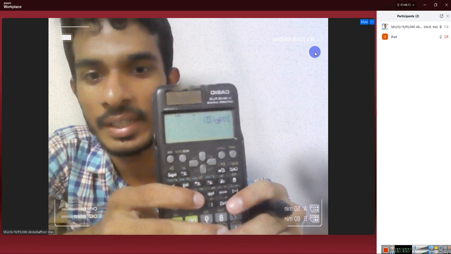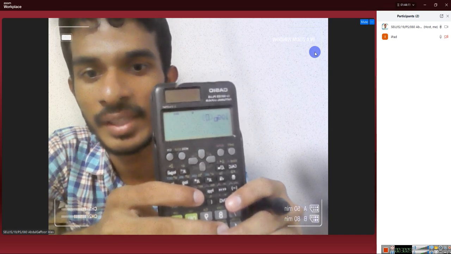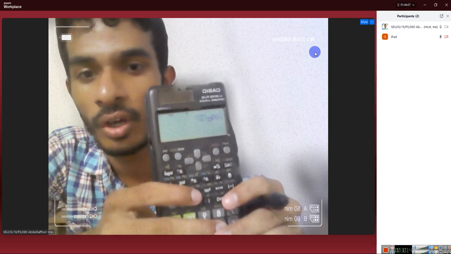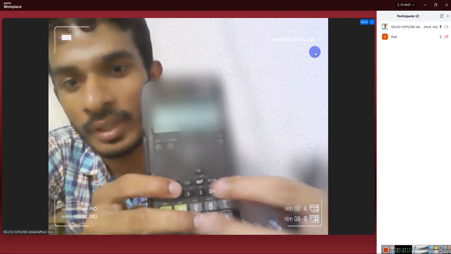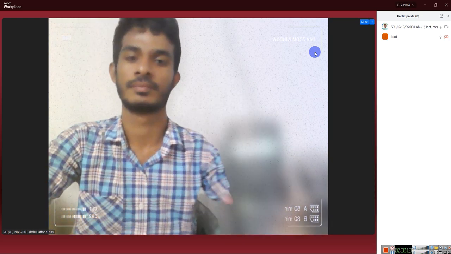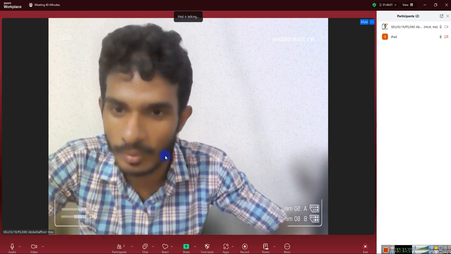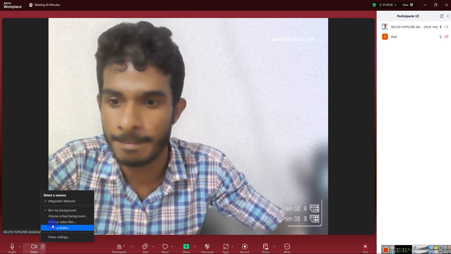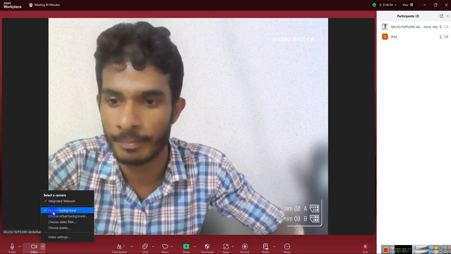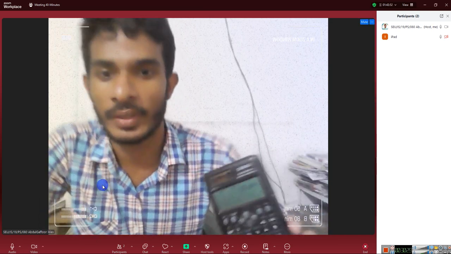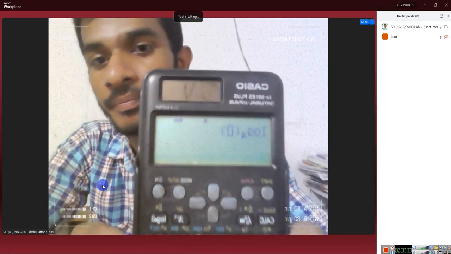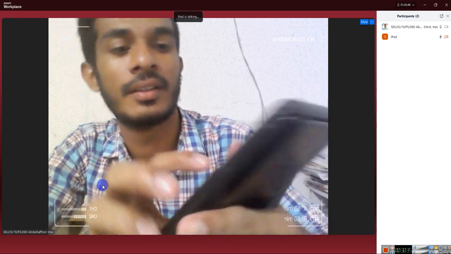Now can you clearly see the screen of my calculator? It was a bit blurry, give me a second. Okay, it's fine now. When I press log, just log is appearing, there's no box.